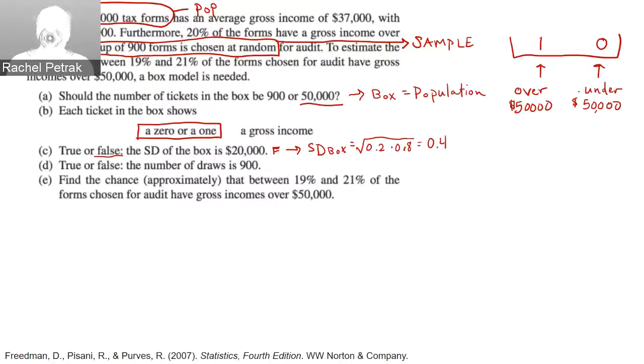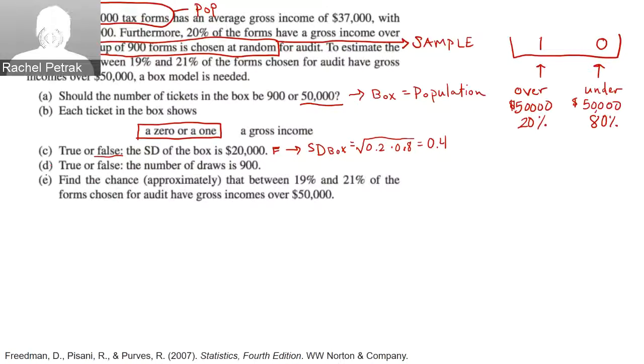And we know that proportionately 20% of the forms are over, which means that 80% are under. And as proportions, these are equal to 0.2 and 0.8. Remember, we have to use the proportions in the calculation, and then convert to a percent.